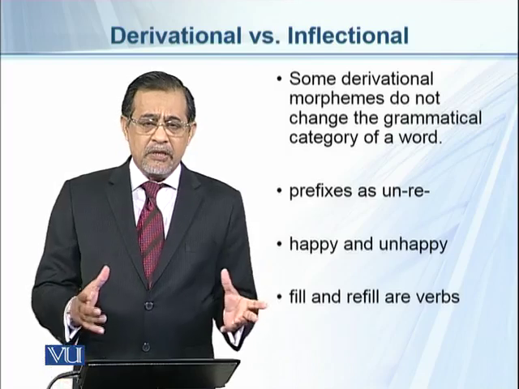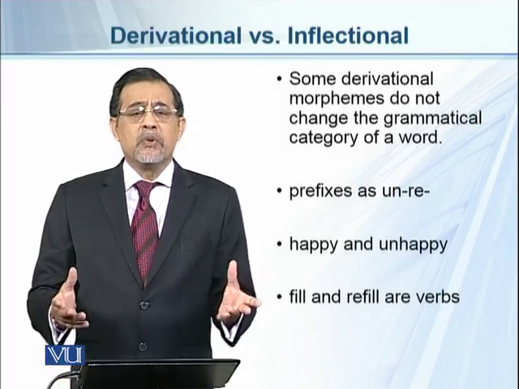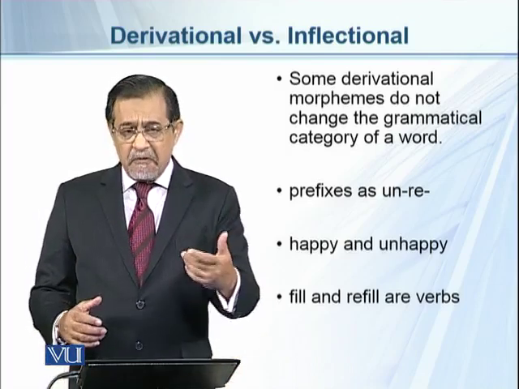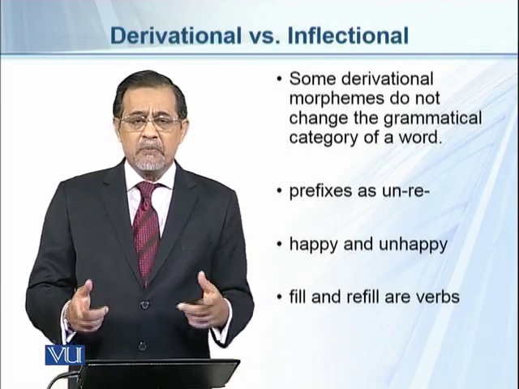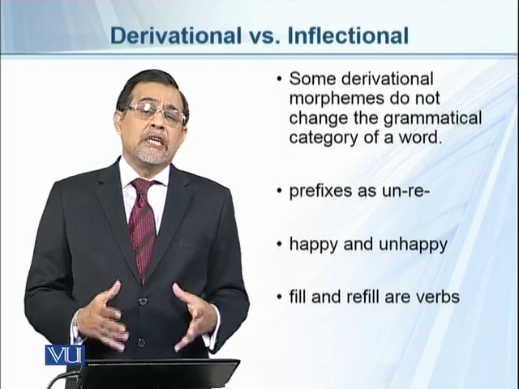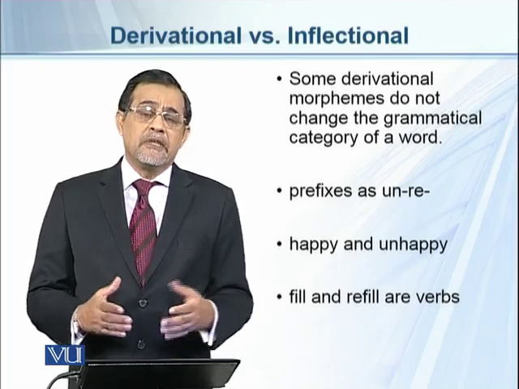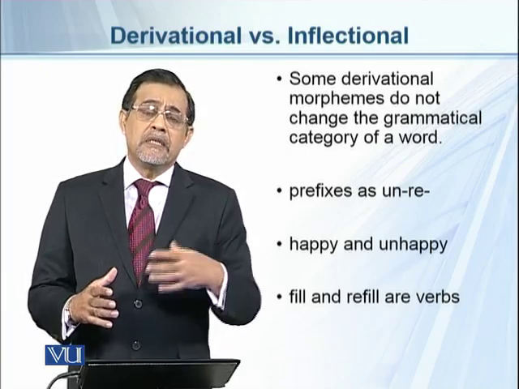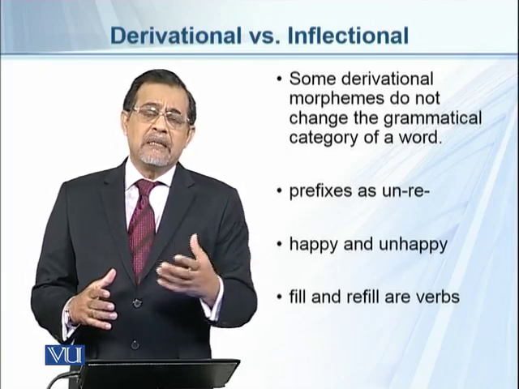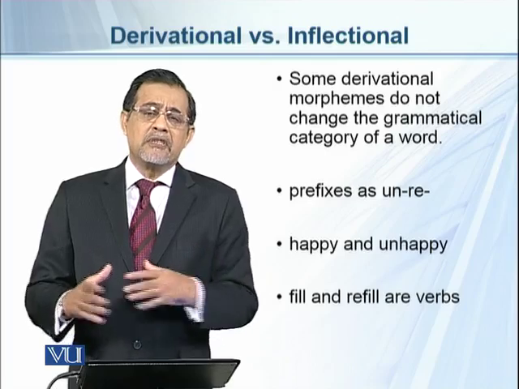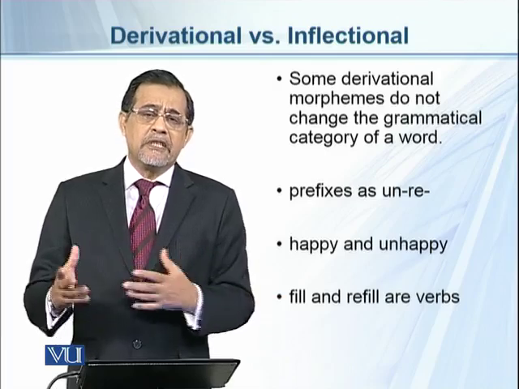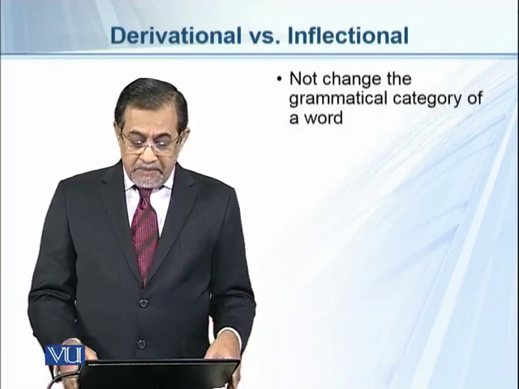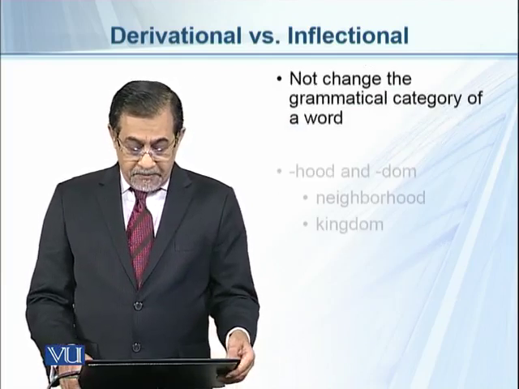Happy is an adjective, and unhappy is also an adjective. Fill is a verb, and refill is also a verb. So you can see that in the case of these prefixes, there is no change of class. The word remains of the same grammatical category. If it is a noun, it's a noun. If it is an adjective, it's an adjective.